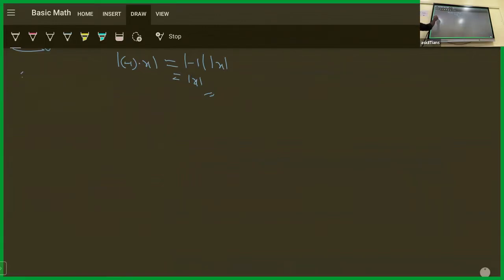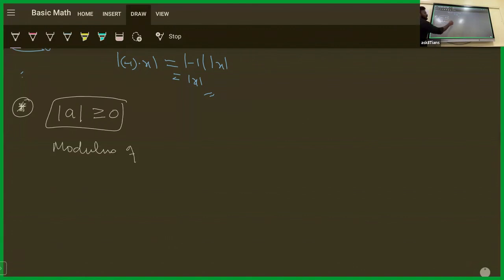Okay. And so whatever it is, let's say the next property, which is very basic, is that the modulus of any number a is always greater than or equal to 0.